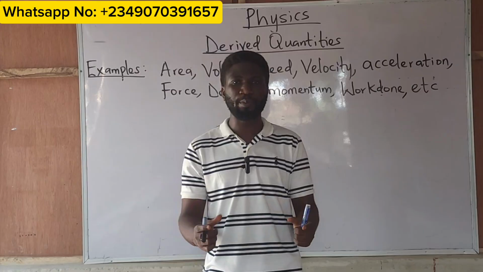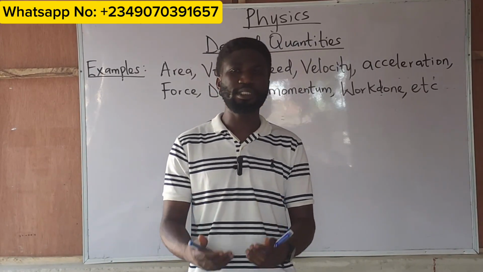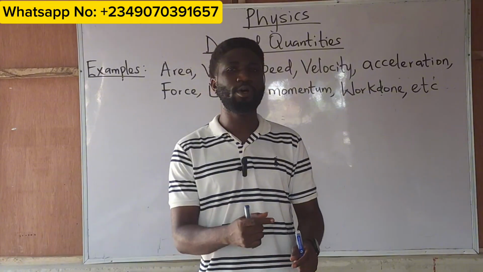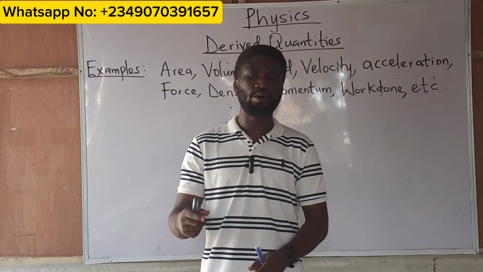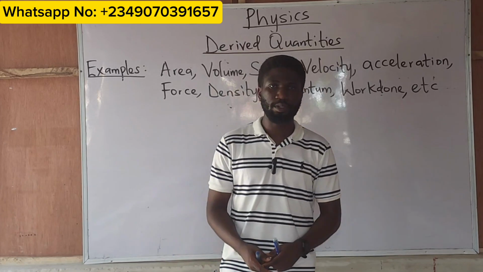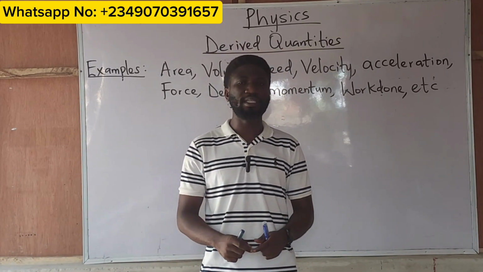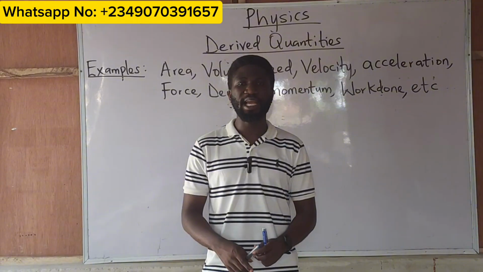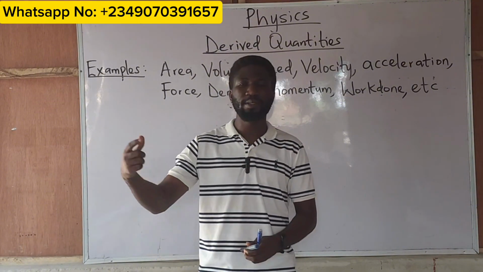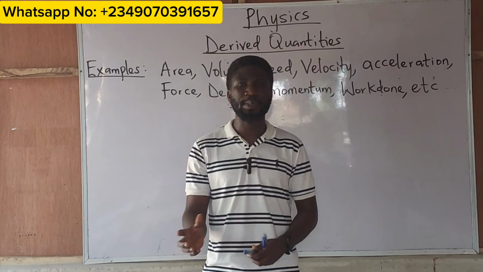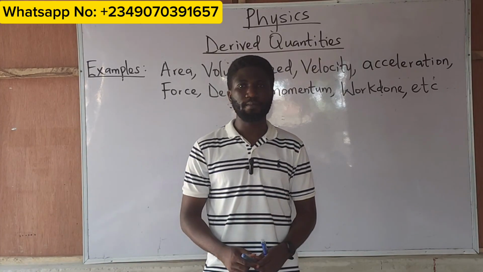So in a simple term, we can say that derived quantities are quantities that depend on fundamental quantities by multiplication or division. So that means that derived quantities, they have formulas. For them to have been derived from fundamental quantities, they possess formulas, unlike fundamental quantities that lack formula.